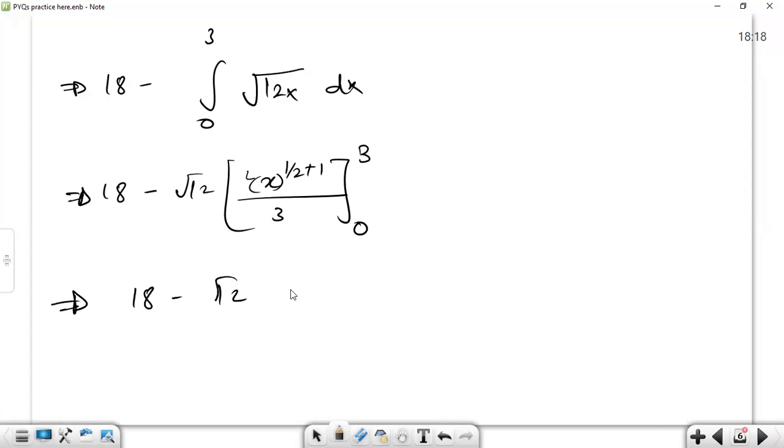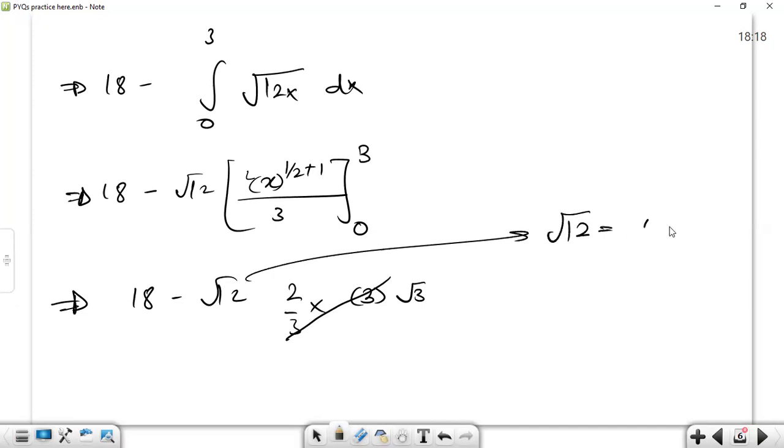So substituting the upper limit, 2 by 3 into 3 raised to power 1 into 3 raised to power half, that is root of 3. This is cancelling each other, and solving for root 12, root of 12 can be written as 4 into 3. So root 4 is 2, root 3.